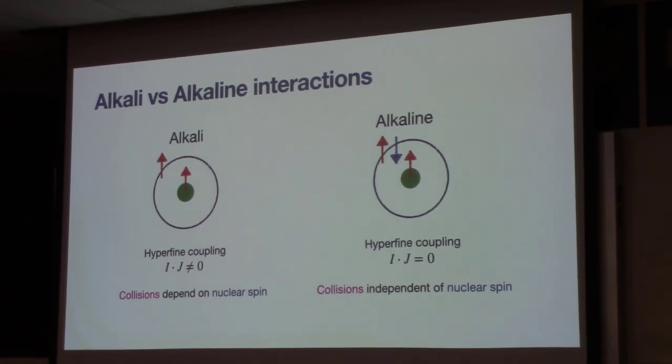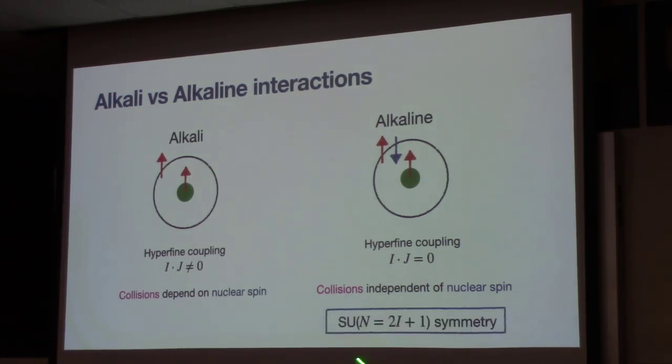They're independent of what the projection of I is doing. And this is what gives rise to the SU(N) symmetry, where N just corresponds to 2I+1. So for ytterbium, I was 5/2, and you can go up to SU(6). For strontium, I was 9/2, and you can go up to SU(10).